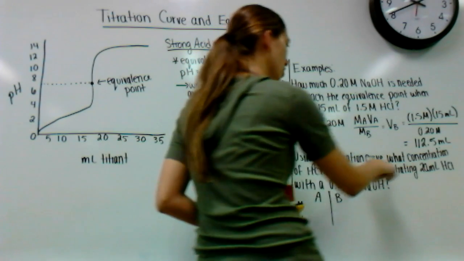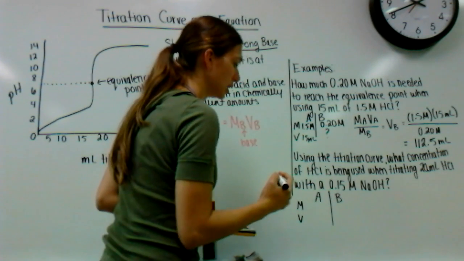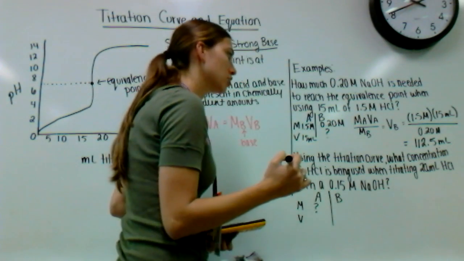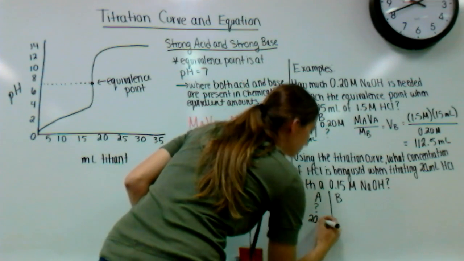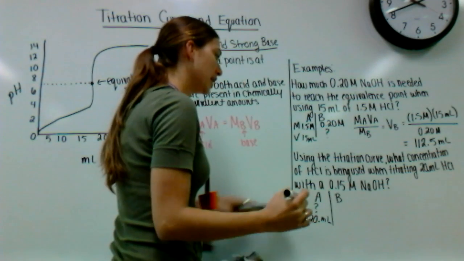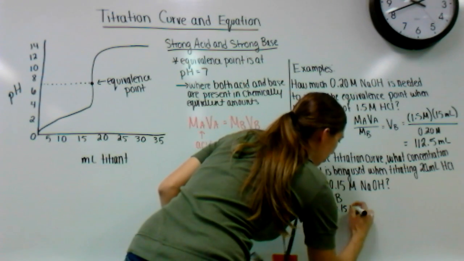So it says, using the titration curve, what concentration of HCl? HCl we know is going to be an acid, so we're looking for the concentration of our acid. When titrating 20 milliliters of HCl, so we know our volume. And our base, we know the concentration is 0.15 molar.